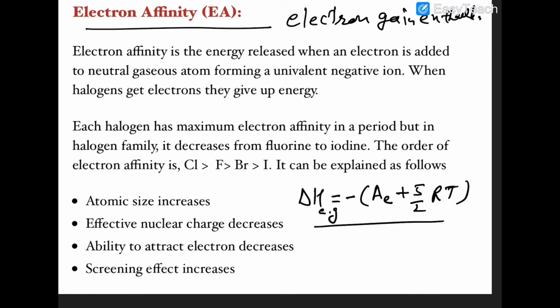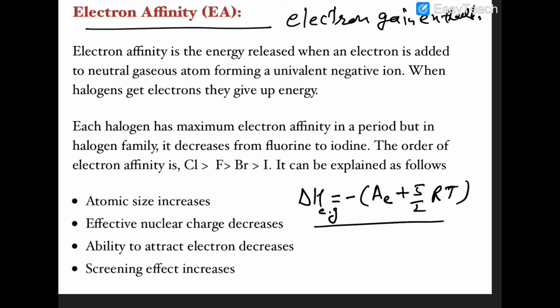The only difference between them will be 5 by 2 RT. Since electron gain enthalpy is in kilojoules, the 5 by 2 RT value is not of high significance. Therefore, in most cases, electron affinity and electron gain enthalpy are taken as the same. But strictly speaking, there is a difference of 5 by 2 RT between the two values. But at lower temperature, the value can be neglected.